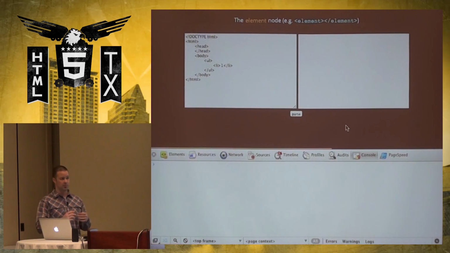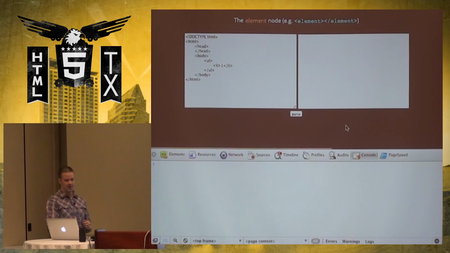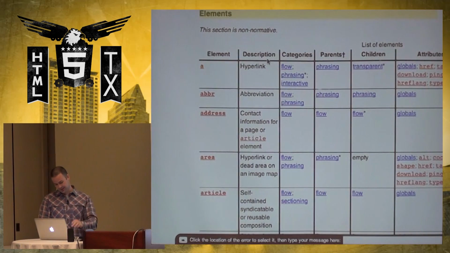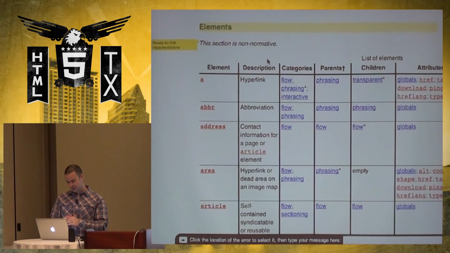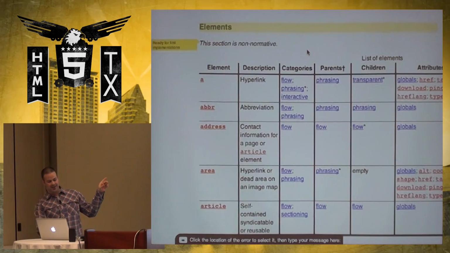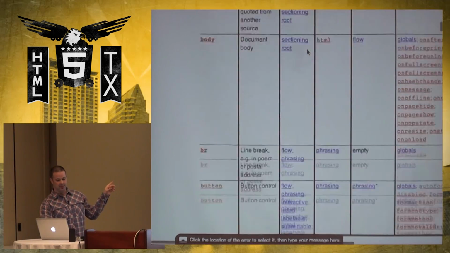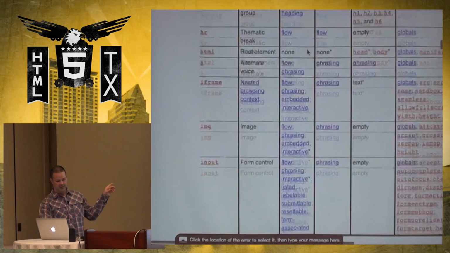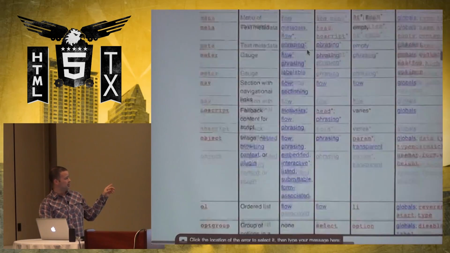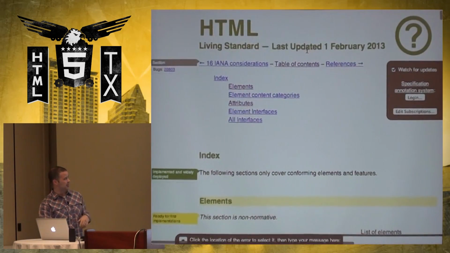The next thing, and this will be what everybody else is more familiar with, are element nodes, right? I searched the web for the best reference I could find on elements, and it's in the HTML Living Standard document. If you're ever wondering how many elements are available, this is a pretty handy reference, and you can find it in the slides.